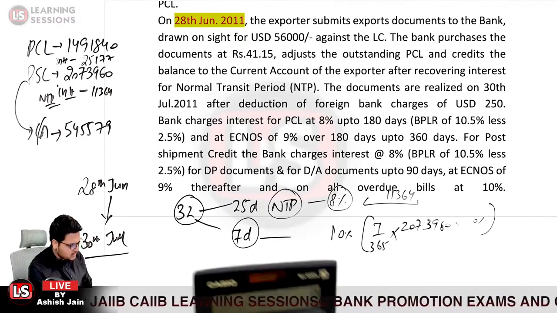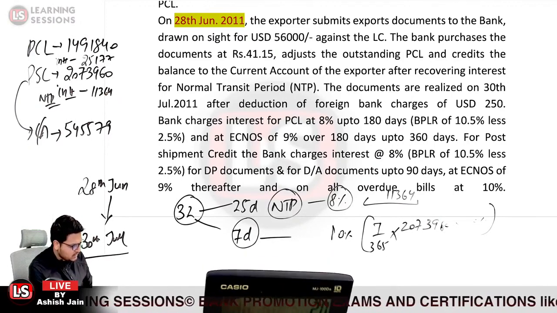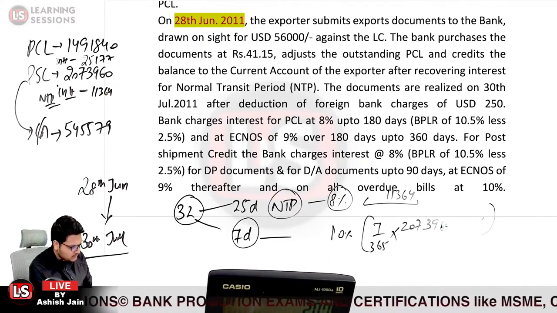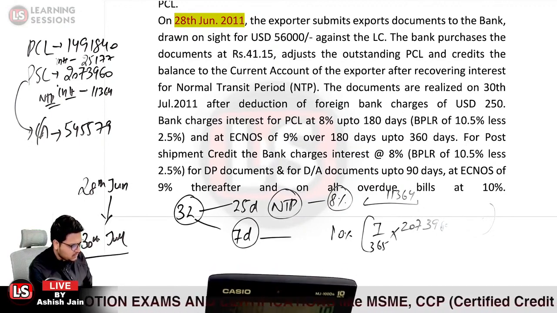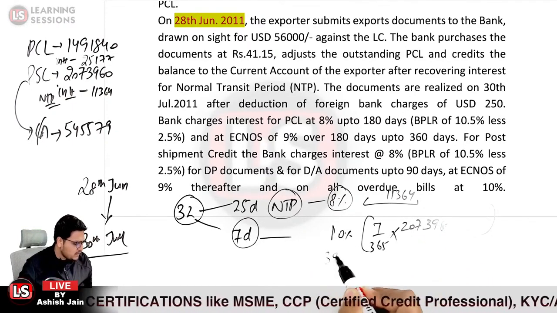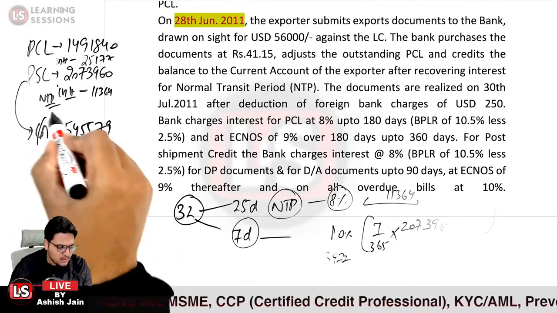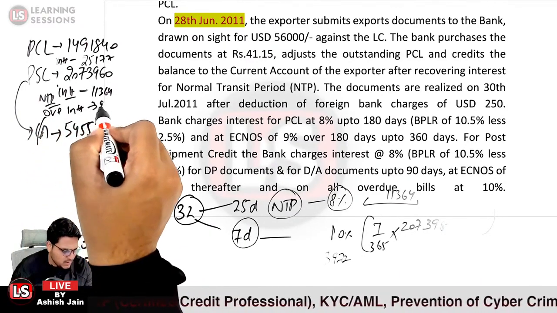So we can say it is 7 divided by 365 multiplied by 2073960 multiplied by 10%. That comes out to be 3977. So that would be the overdue interest, I'm just writing it over here. That is the overdue interest that is to be charged, that is 3977.